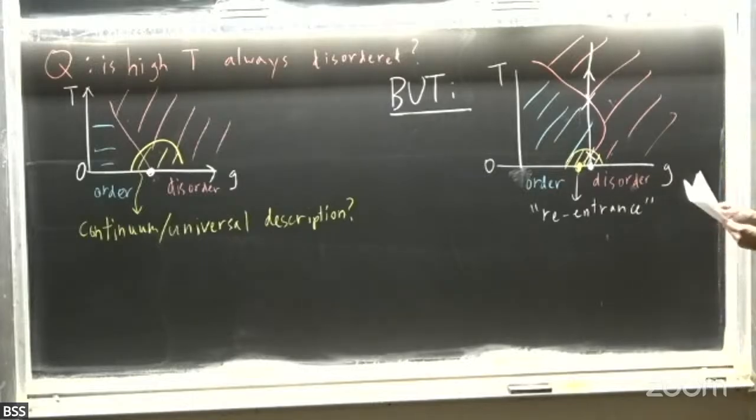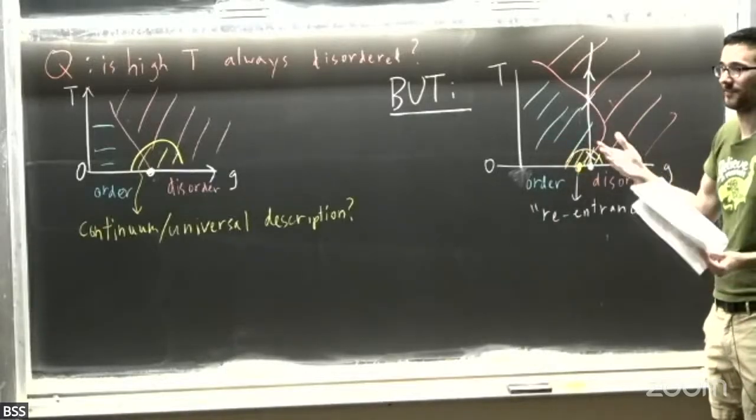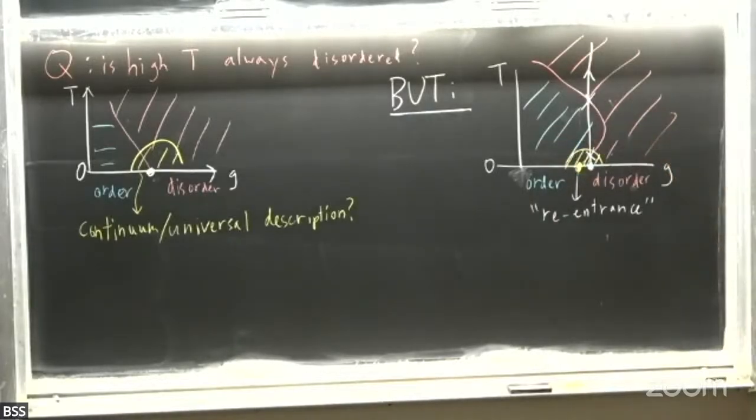Yeah, I was going to write those words down in a moment. I would say that to me, order by disorder is one realization of this, but it's a jargon thing in magnets. Okay, sure. One critical point for which re-entrant is a universal proposition.